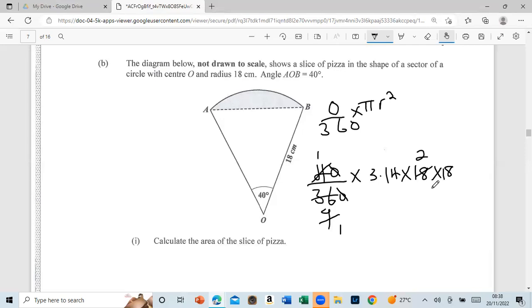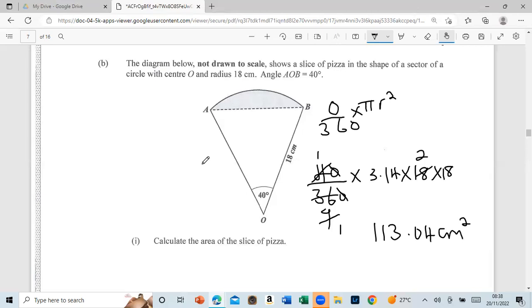So it's 3.14 times 2 times 18. And the area would be 113.04. Since this is an area, make sure you have your correct unit, which is centimeters squared.